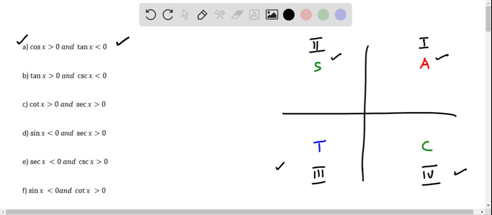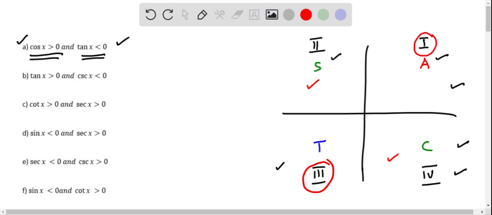So first, let's identify where cosecant is positive. Cosecant is positive in the first as well as in the fourth quadrant. However, we will also have to know that tangent x should be negative. Tangent is positive only in the third quadrant as well as in the first quadrant.